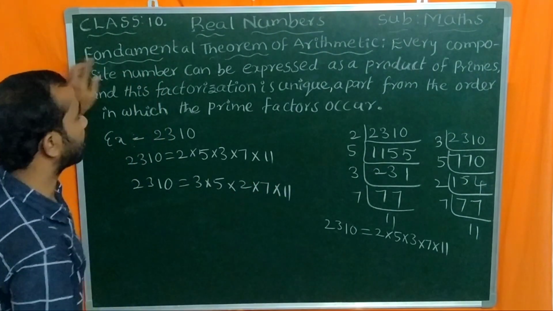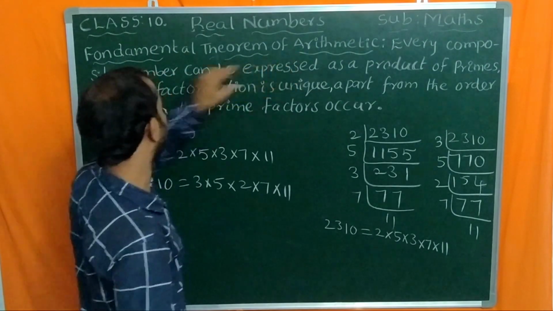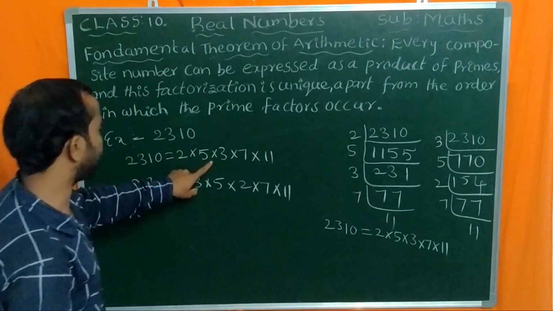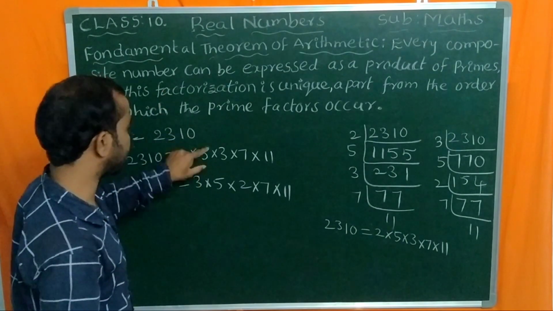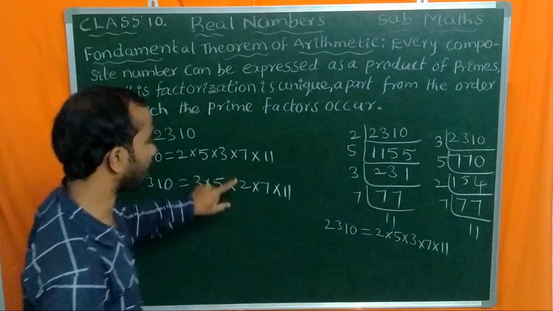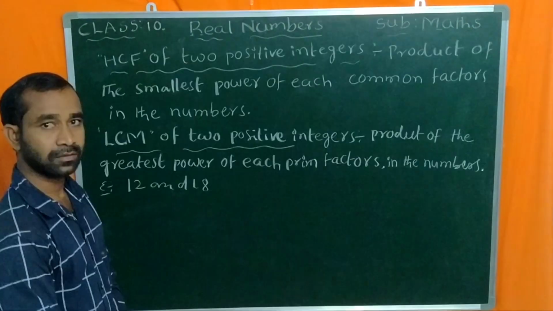So every composite number can be written as a product of primes, and the factorization is unique apart from the order in which the primes occur.